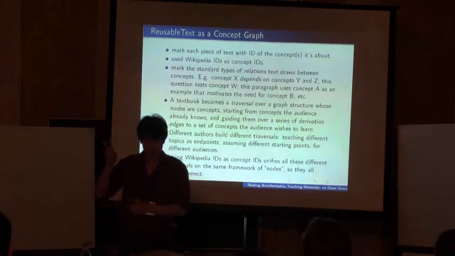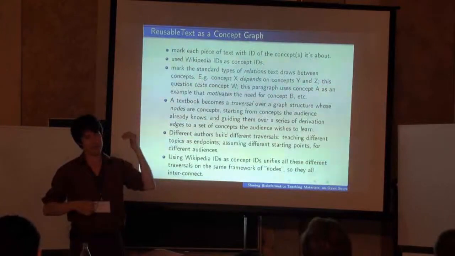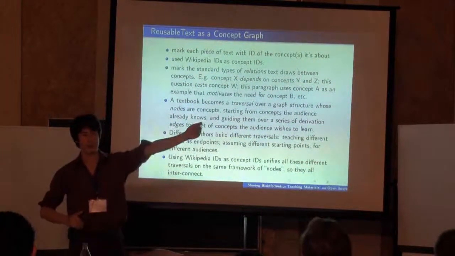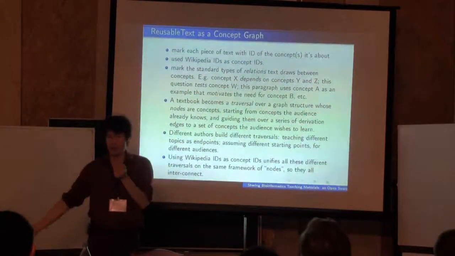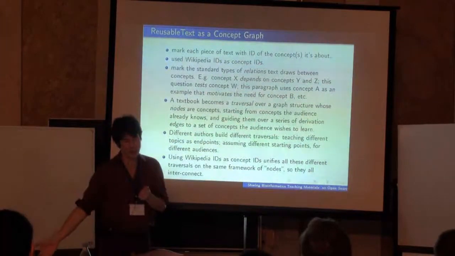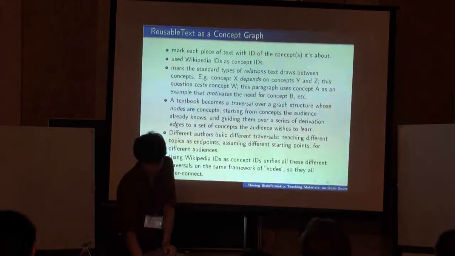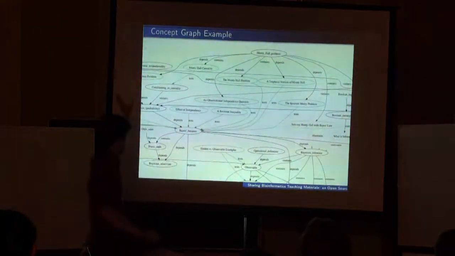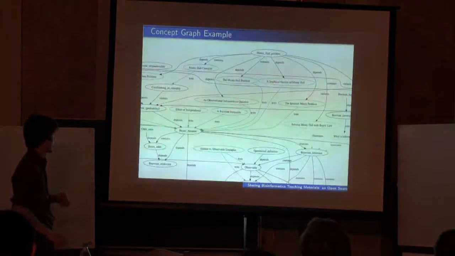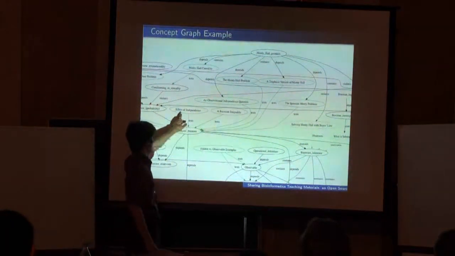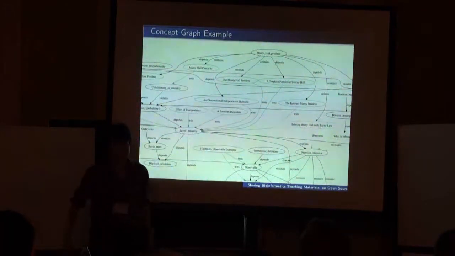And then I annotate the different types of relations for each piece of text. What is it doing? Is it saying, okay, now we're deriving this concept from that concept as a starting assumption, or I'm using this piece of text to motivate the next concept that I'm going to teach, etc. And so what you can get out of this, with the automatic analysis, is here, just showing a little snippet of the concept graph extracted from my set of materials, where the different relations show, for example, a particular problem that's testing understanding of this concept, et cetera.